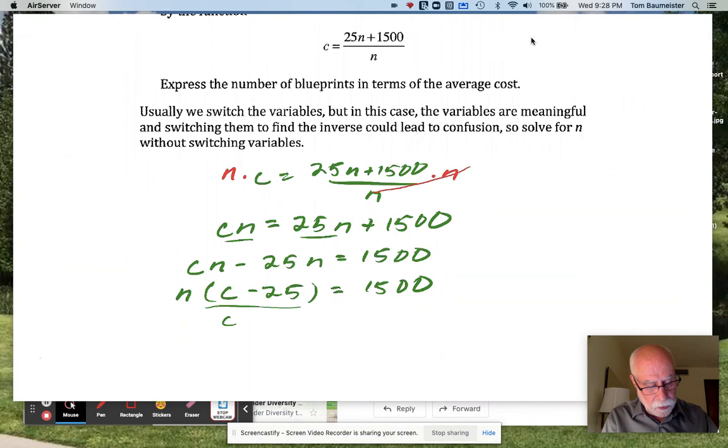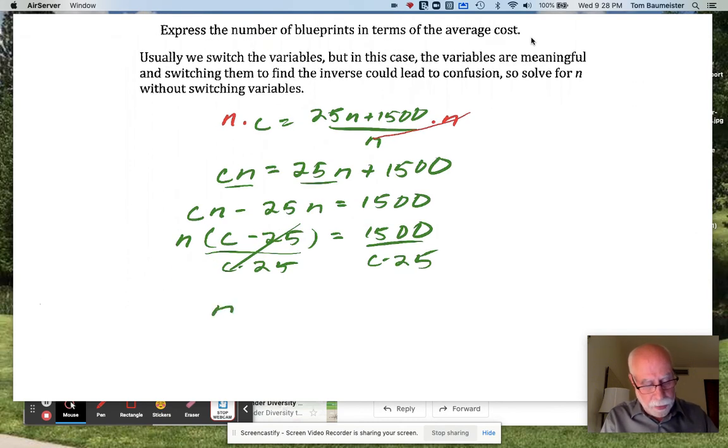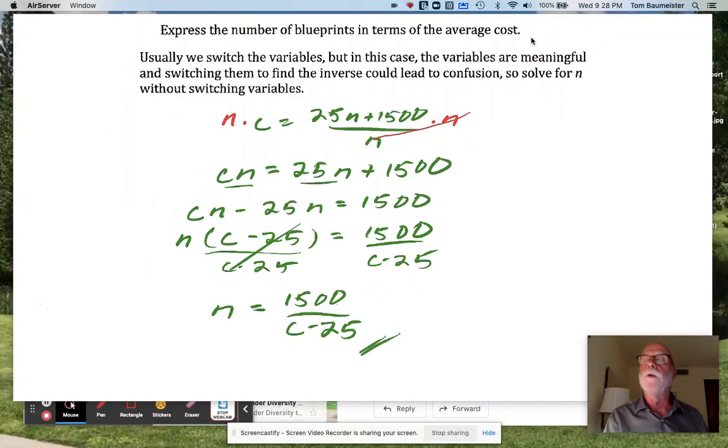We're going to divide both sides by c minus 25. Those ones are going to cancel. So I get n is equal to 1,500 over c minus 25. Again, there's one of these on the test too. That's why I left it in here.